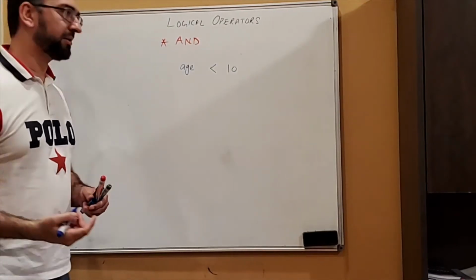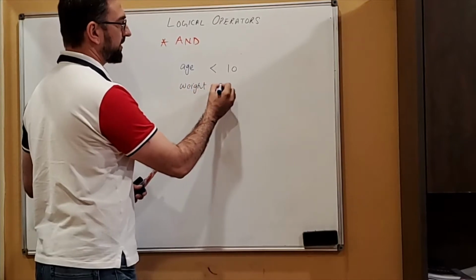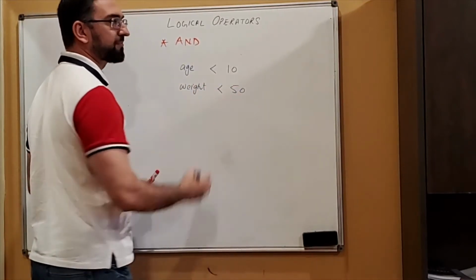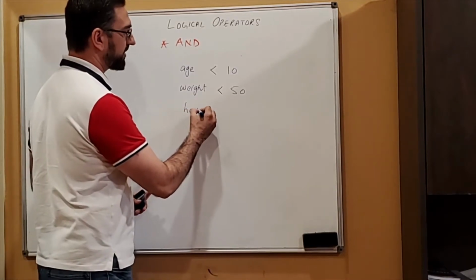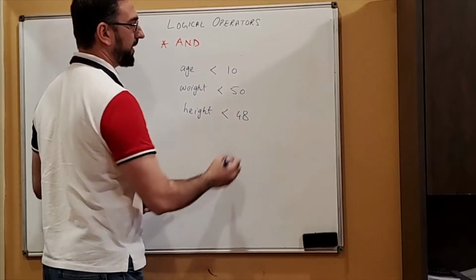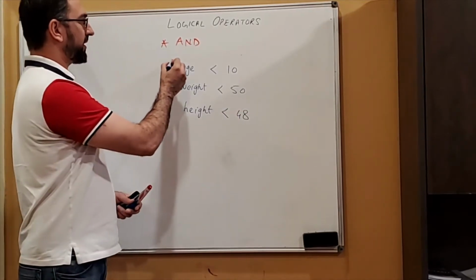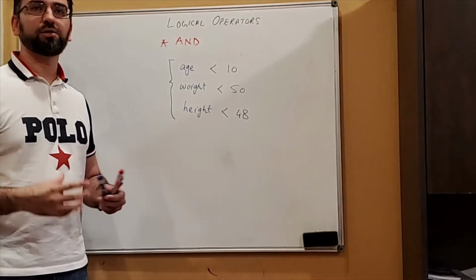The second criteria is the weight needs to be less than 50 pounds, right? And then the third criteria is the height needs to be less than 48 inches, right?